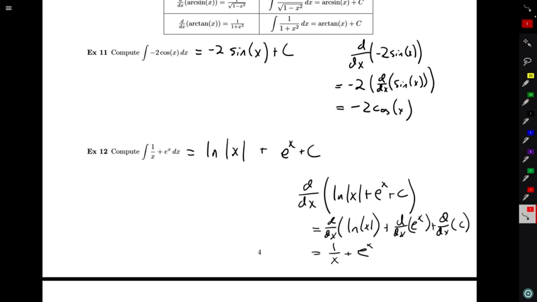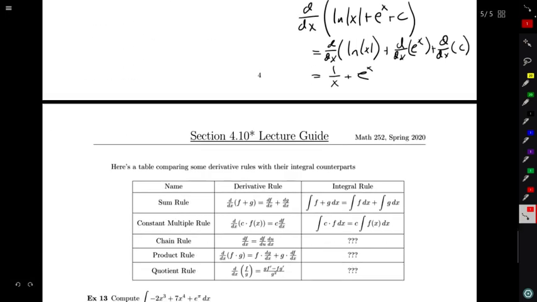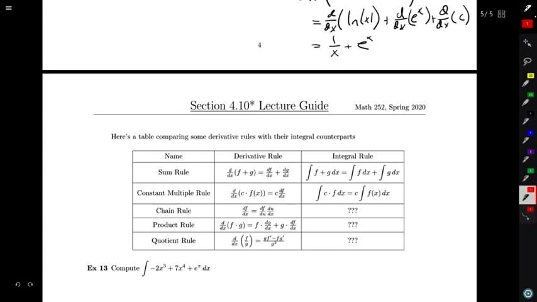So it seems that because derivatives preserve constant multiples, and because derivatives preserve sums, we have the same thing as true of integrals. Integrals are going to preserve constant multiples, integrals are going to preserve sums. And in fact, that is exactly what we'll find with some of these integral rules here. So we have a sum rule for integrals, which says that the integral of f plus g is the integral of f plus the integral of g.